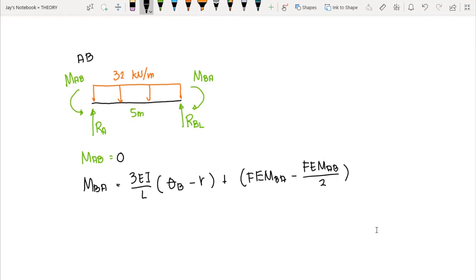So we have to substitute the available values here. MBA is equal to 3EI, of course our length is 5, we have theta B minus R. Here R is the chord rotation. We have the formula, the change in support settlement over the length of the beam.